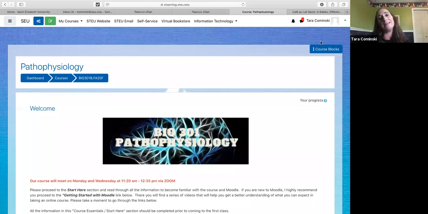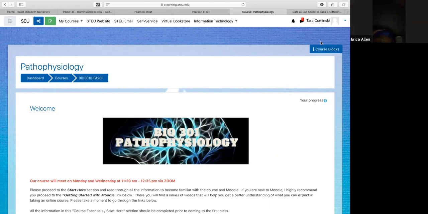Some of these terms, like disorder and syndrome, are sometimes used interchangeably, kind of like illness and disease, though technically they're different. A lot of times you'll see overlap in the use. I don't know that it's super important to harp on the really distinct differences between the two. There are similarities.